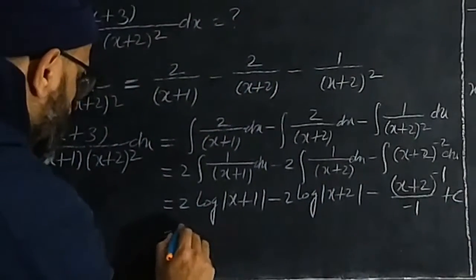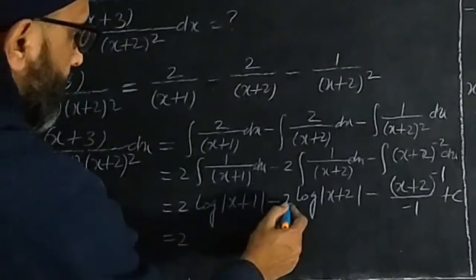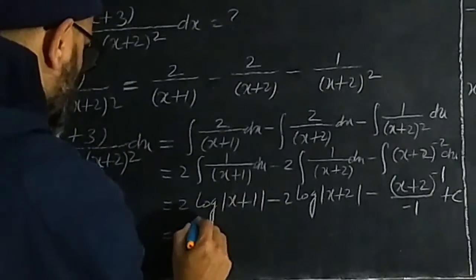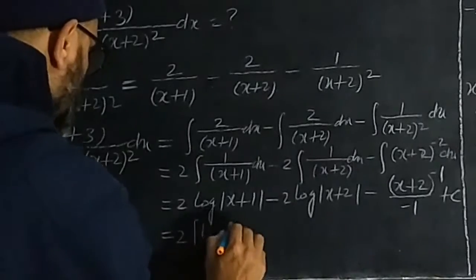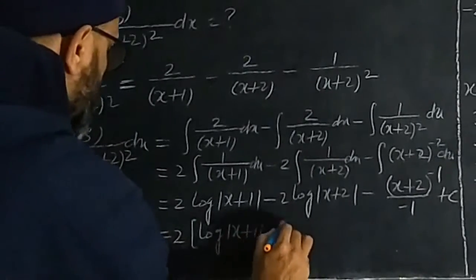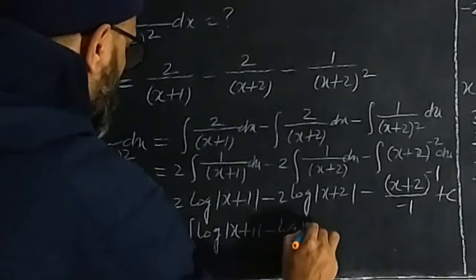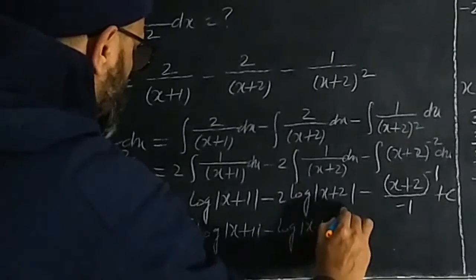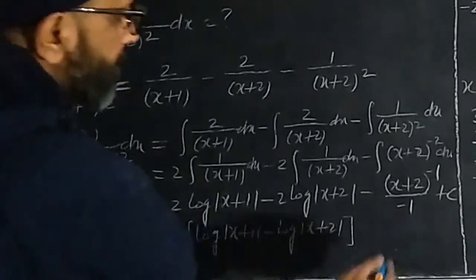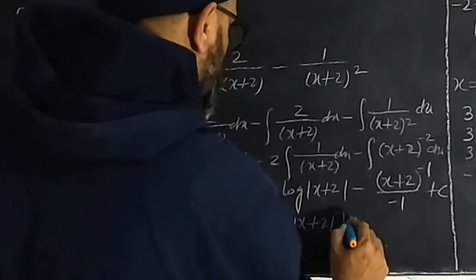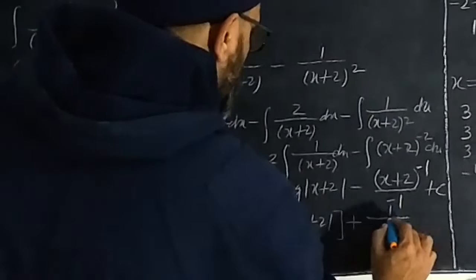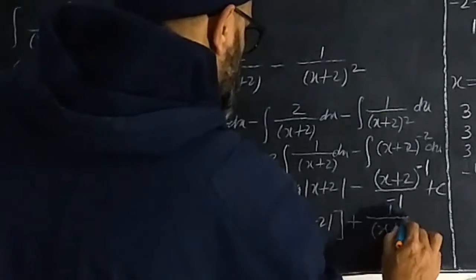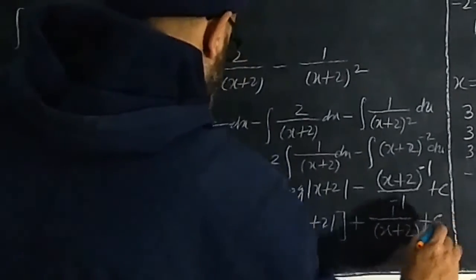So simplifying, 2 may be taken common out of these two, so we get log mod (x plus 1) minus log mod (x plus 2), and here minus into minus is plus, and the power is minus 1, so it may be written as 1 upon (x plus 2) plus c.